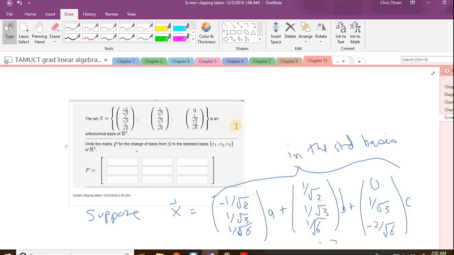Inputting your first row, and that's wrong. Yes, it's just wrong.